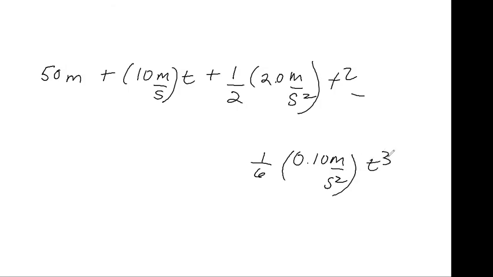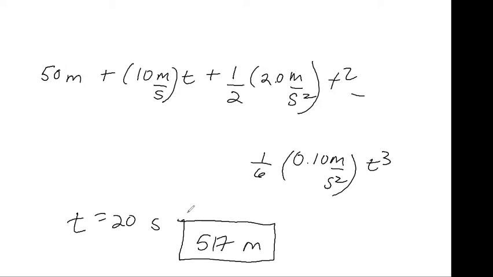Once again, I'm going to use my value of t equals 20 seconds, and I will get 517 meters at that velocity when the velocity is the maximum.